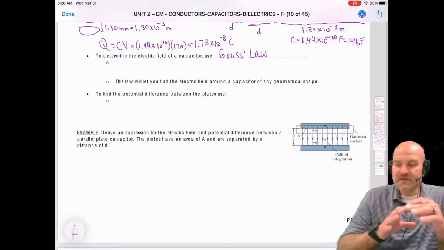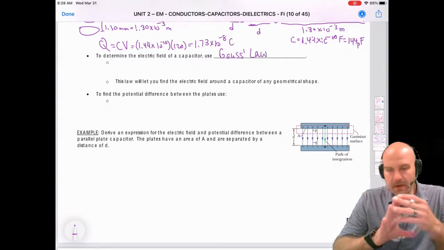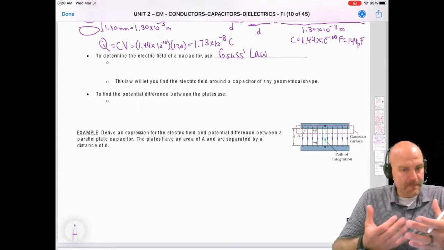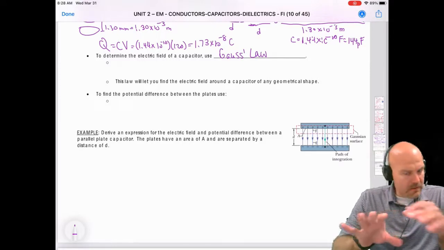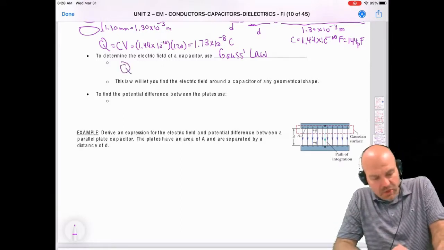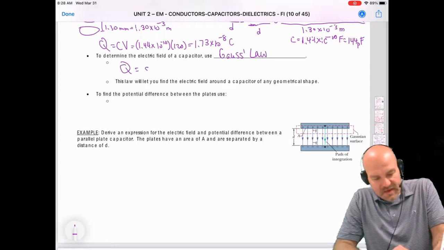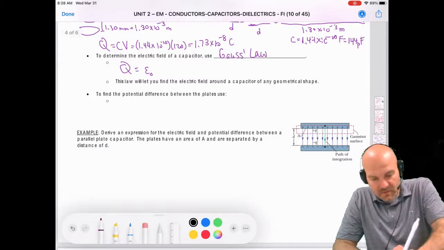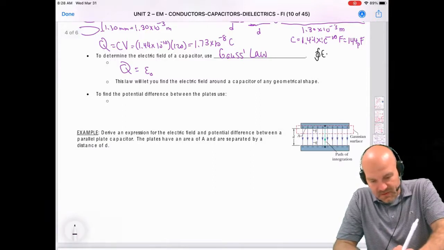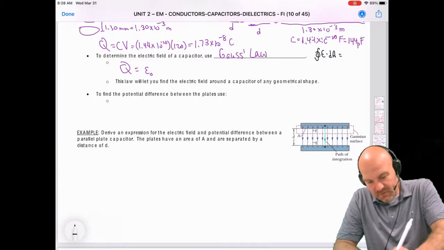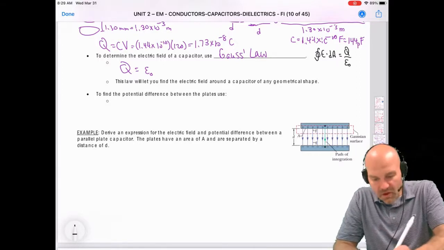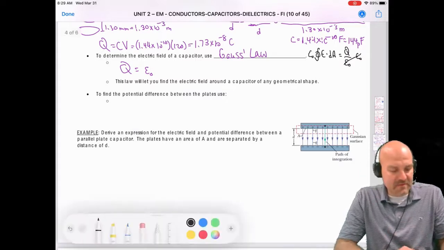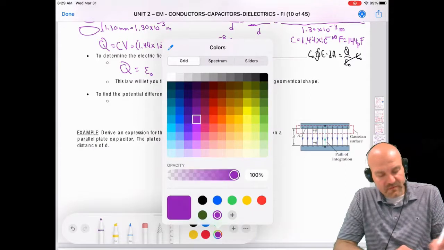Now, I'm going to write Gauss's law a little bit differently, because a lot of times we're going to look for Q. So I'm going to solve for Q. Gauss's law, as we talked about before, was the surface integral of E dot dA equal to Q over epsilon naught. So all I'm going to do is multiply both sides by epsilon naught to rewrite Gauss's law.